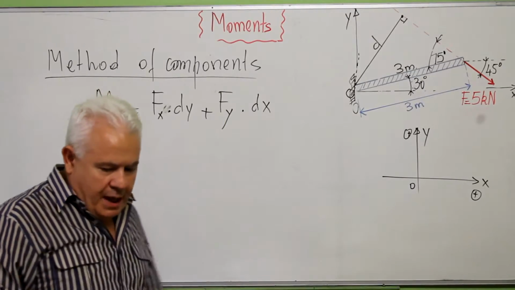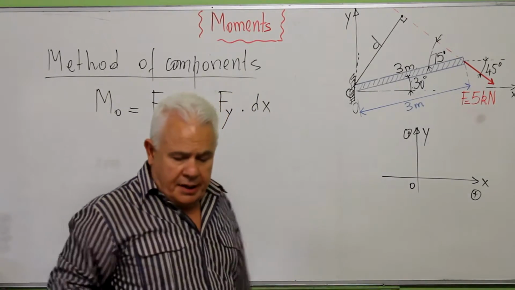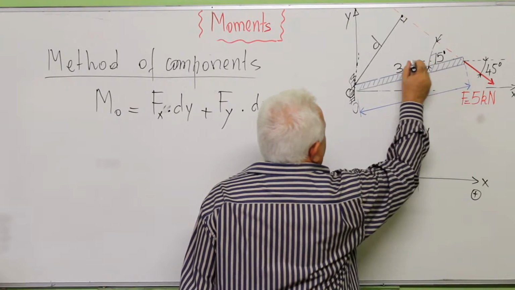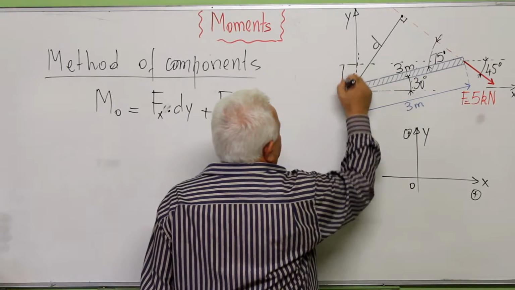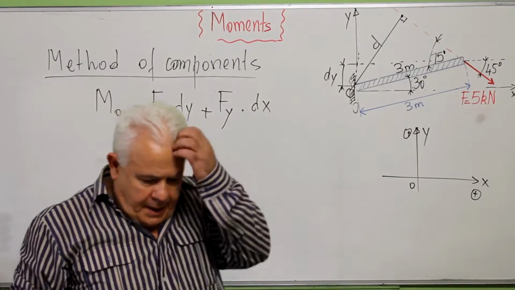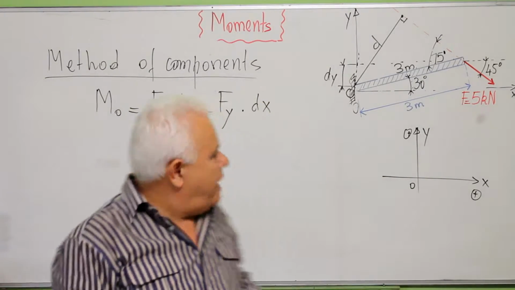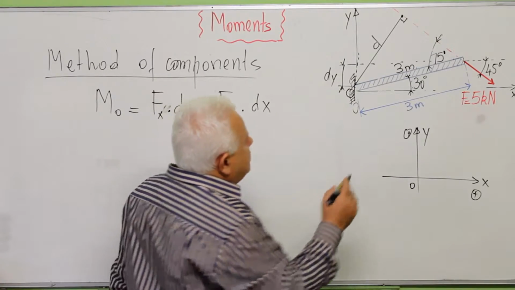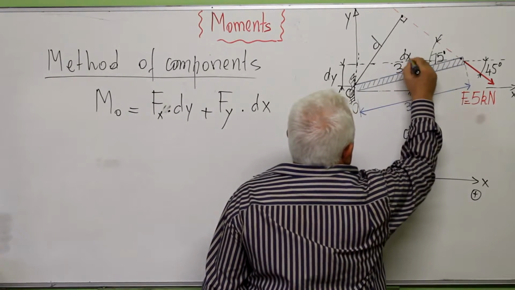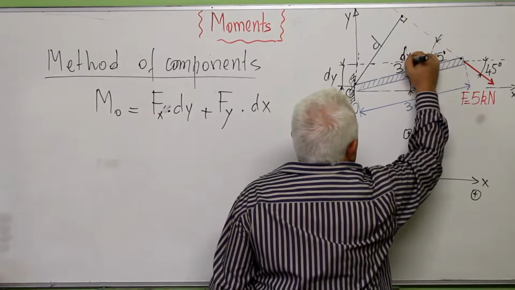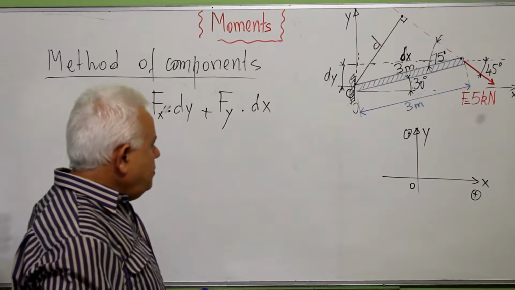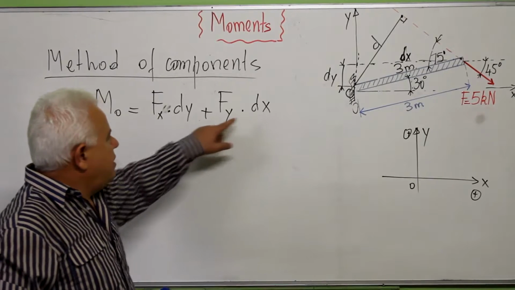Now, dy is this distance along y from O. And dx is along x, this distance from here to here. Now I've got my dx and dy.